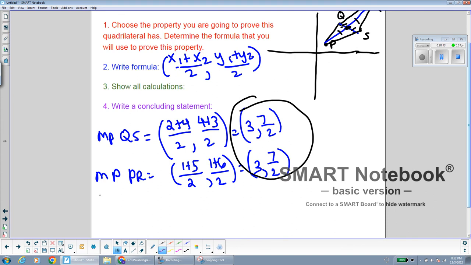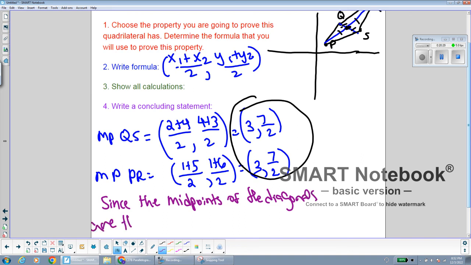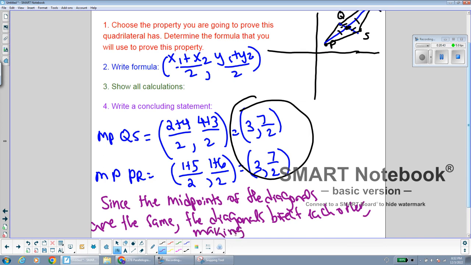So I'm going to write over here, since the midpoints of the diagonals are the same, the diagonals bisect each other, making PQRS a parallelogram.